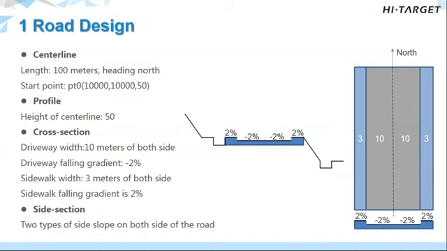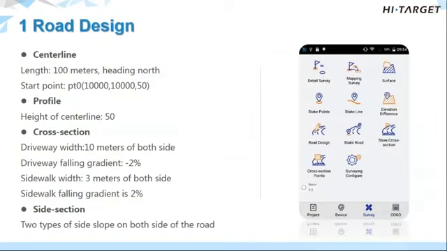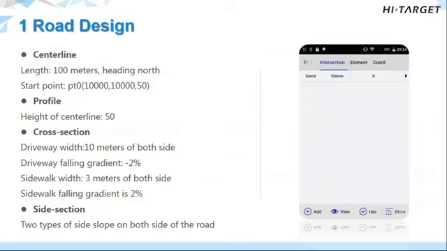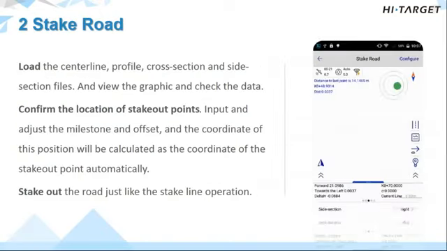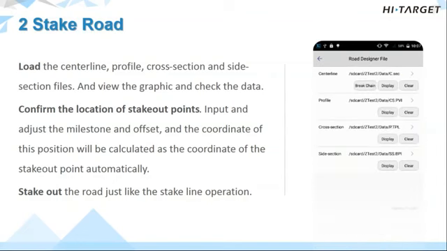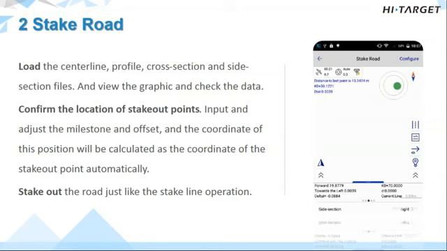So you must do every design of it, and then you can get a whole road. You must do the design, and then you can do the stake out. So the road is first.